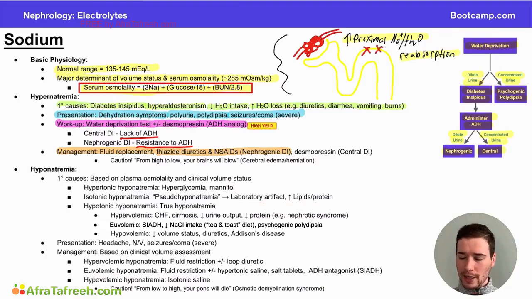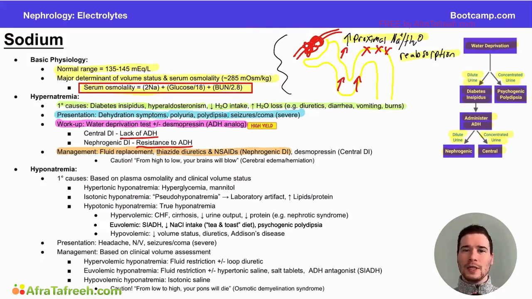So while we might be blocking some channels here in the distal convoluted tubule, because that's commonly where our thiazide diuretics act, it's actually going to increase our reabsorption in other parts of the nephron that are not the distal convoluted tubule. So paradoxically, or an unexpected effect, is that by giving a thiazide diuretic, we can actually improve their symptoms of nephrogenic diabetes insipidus by creating more of an anti-diuretic effect.